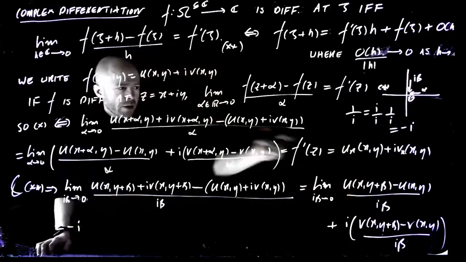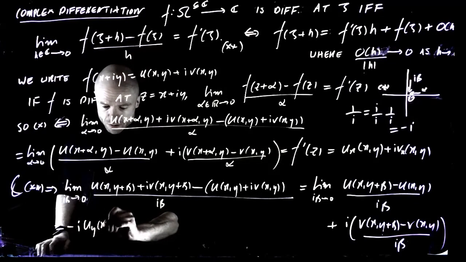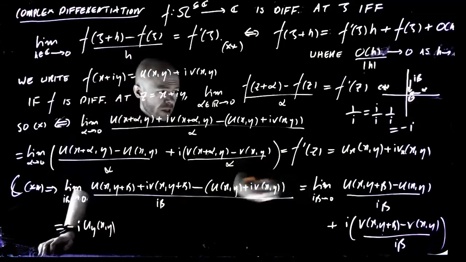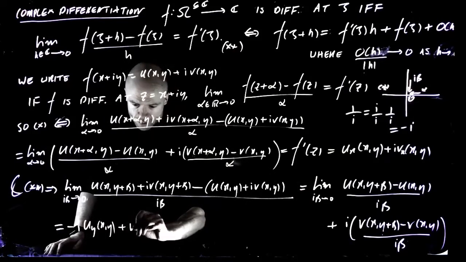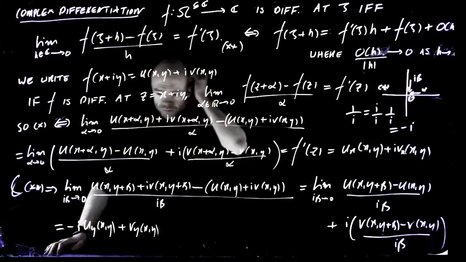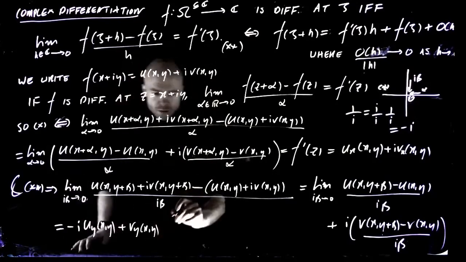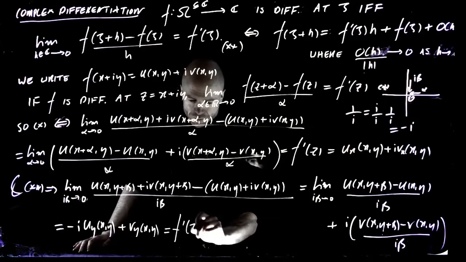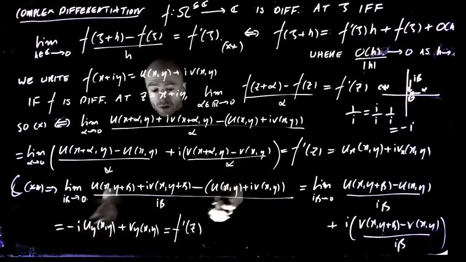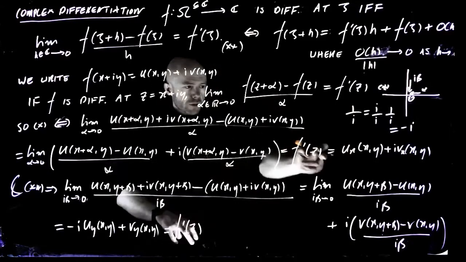So then this will be minus i, and now it's the partial of this, right? And this guy here is just the partial of this. Okay. And this thing is also equal to the derivative definition. So it's equal to the same complex number as this thing, yeah?